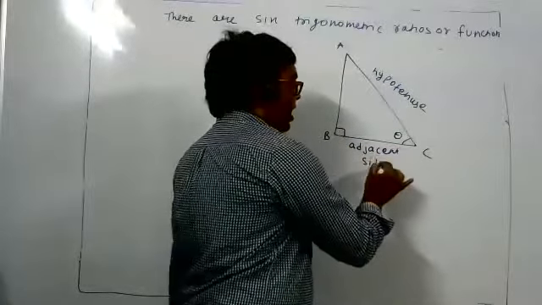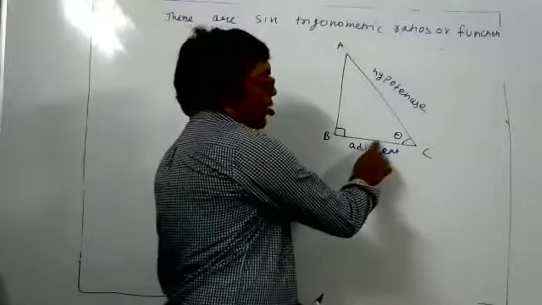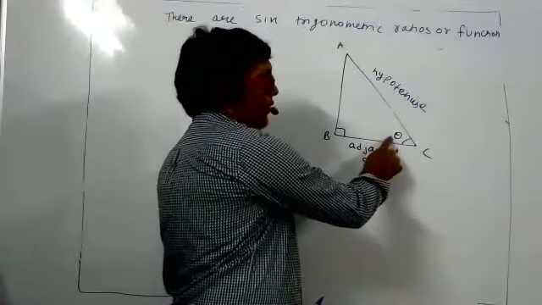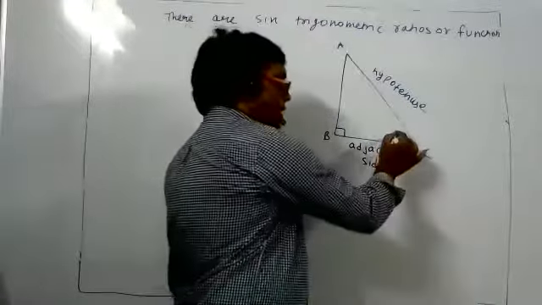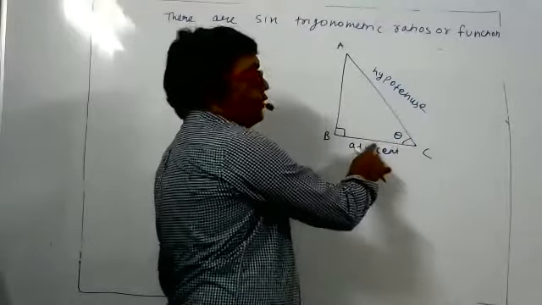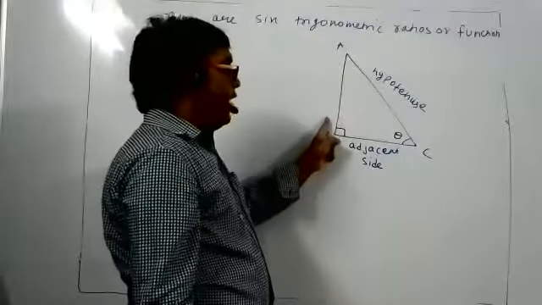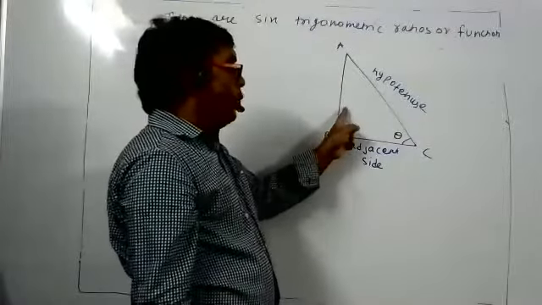Why adjacent side? You know the meaning of adjacent: nearby. This side BC is near to theta, where theta or X is the angle. So BC is called the adjacent side. AB is the side opposite to theta.